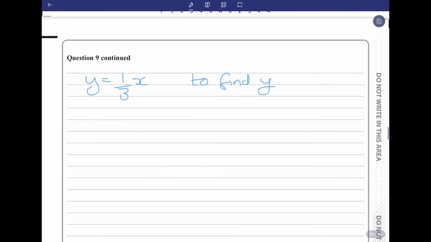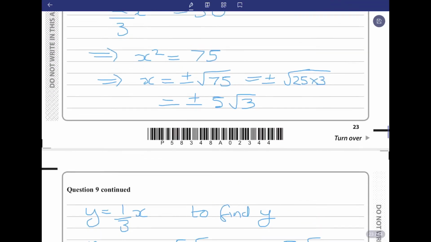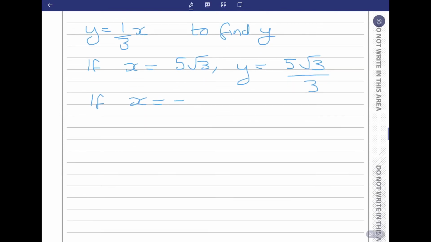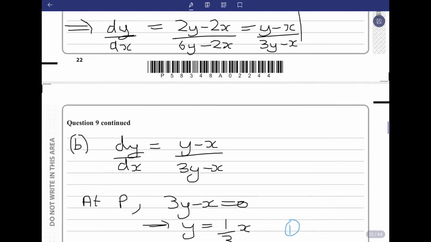So let's do that. Okay, so if x equals 5√3, y equals 5√3/3. Similarly, if x equals minus 5√3, y equals minus 5√3/3. So there we go, we've got two solutions, but we're not finished yet.